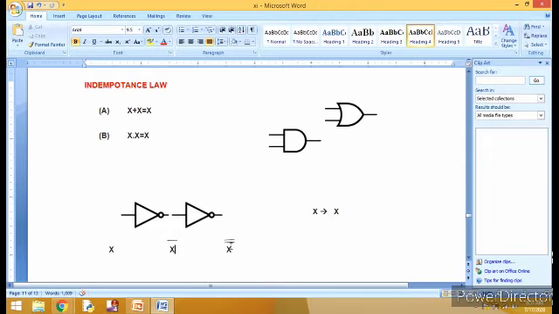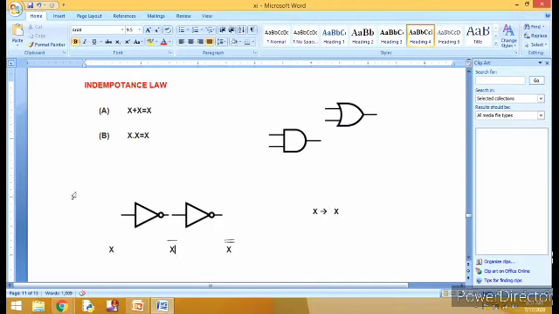Again, when it is passed to the NOT gate, the 1 is converted back to 0. Is it happening or not? That means if a 0 is given here, you get 1, and then passing through the NOT gate again, you get 0. That means if X is passed through NOT gates in series, you get the same value.